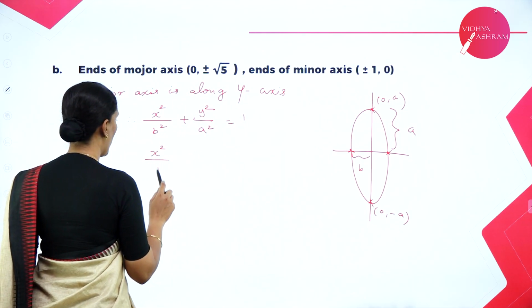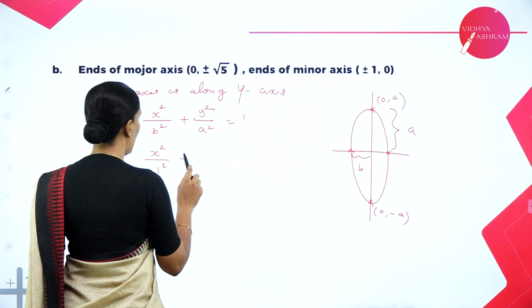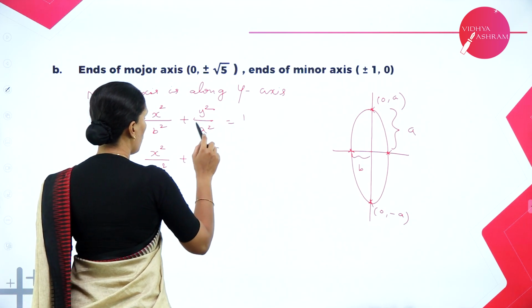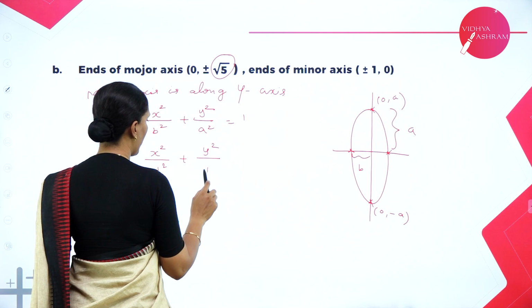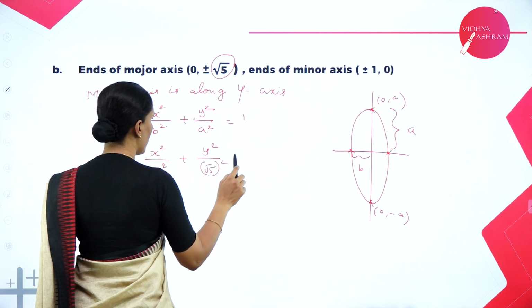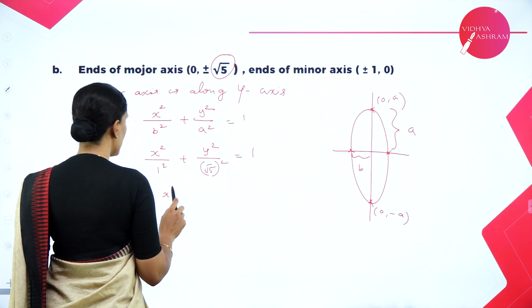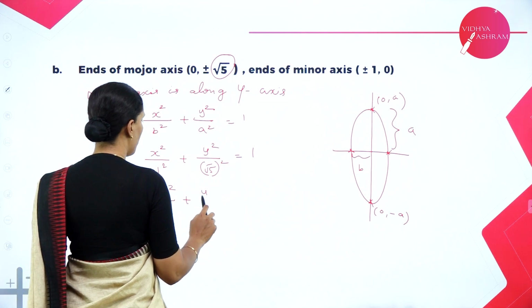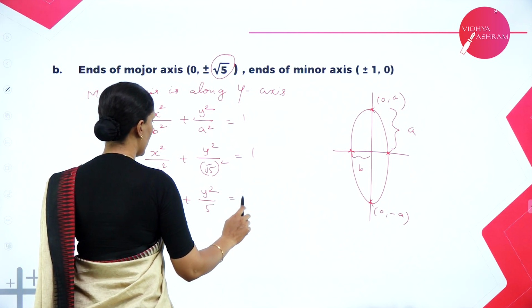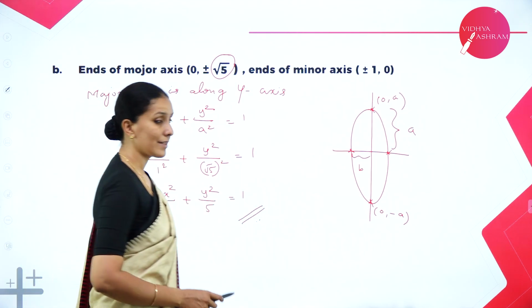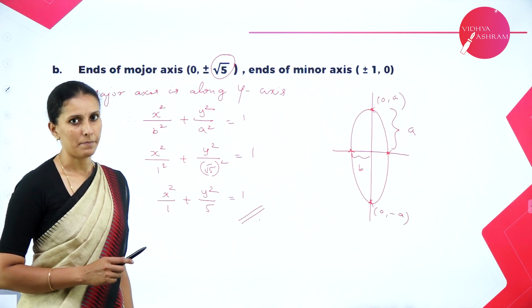So it is x square by 1 square plus y square by root 5 whole square is equal to 1, or we can write this as x square by 1 plus y square by 5 is equal to 1. So this is the required equation of an ellipse.